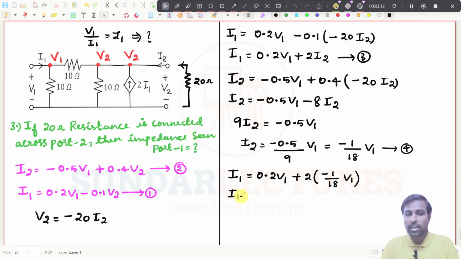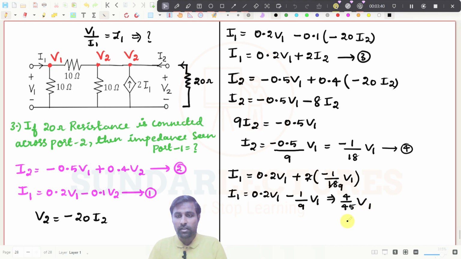So what you will get, I1 will be equal to 0.2 V1 and then it will now be, this is 9 times, this will be 1 time, so it will be minus 1 by 9 V1. So if you further simplify this, what will you get? I am getting this expression as 4 by 45 V1. 4 by 45 V1. So what will now be V1 by I1?